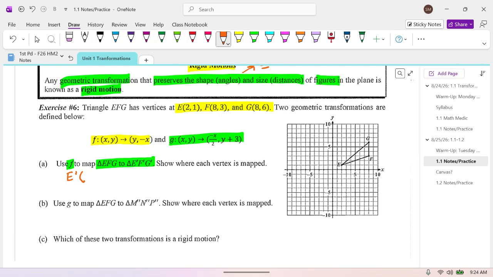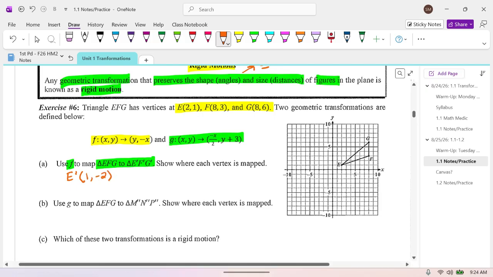If you apply the function, 1, negative 2. You flip-flop them, and then you make the new Y value flip the sign. I'm going to go ahead and graph it. So that is 1, negative 2. So this will be E prime.